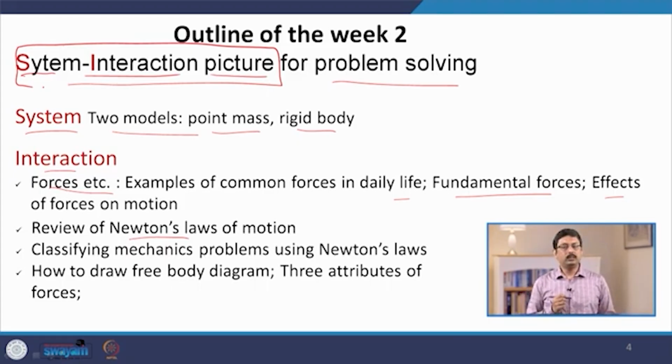Then we shall use Newton's laws to classify the different types of problems. You see that in mechanics there can be an infinite number of problems, and obviously, if you want to develop your skill in solving mechanics problems, the only way is to take a problem, struggle with it and solve it.